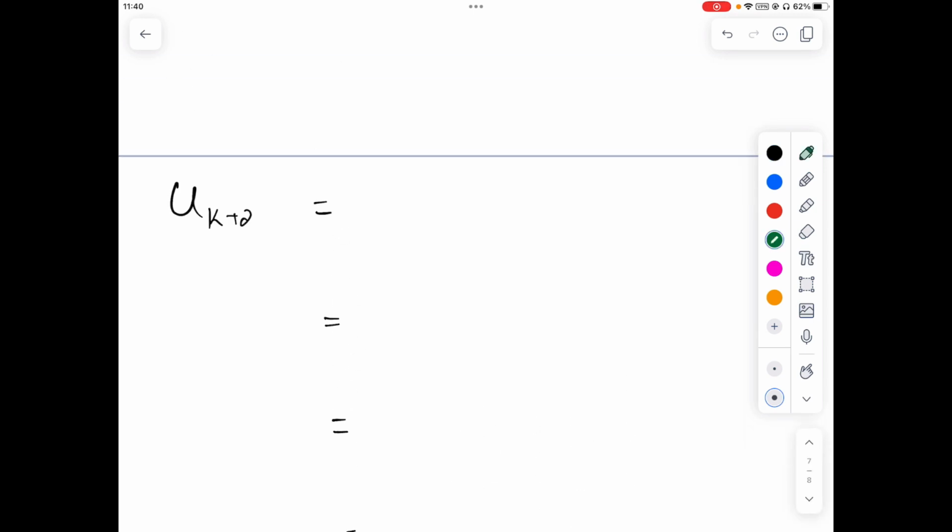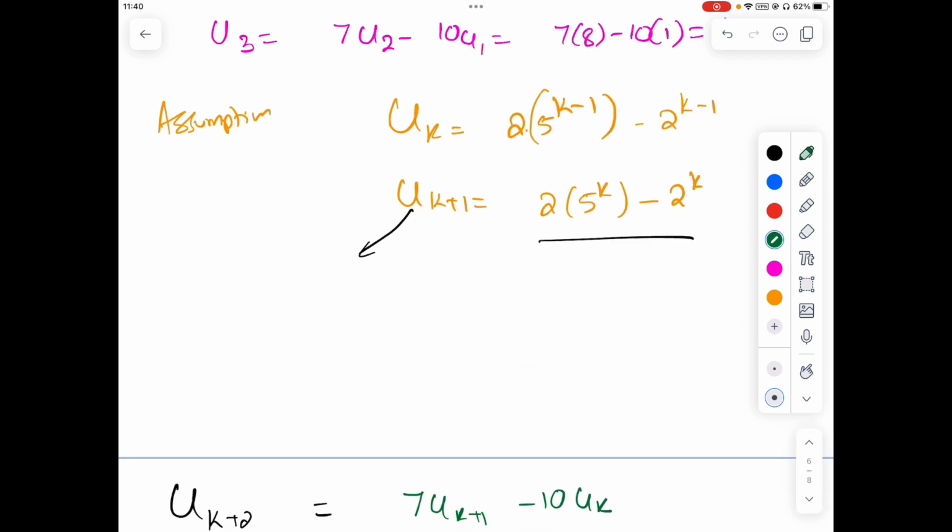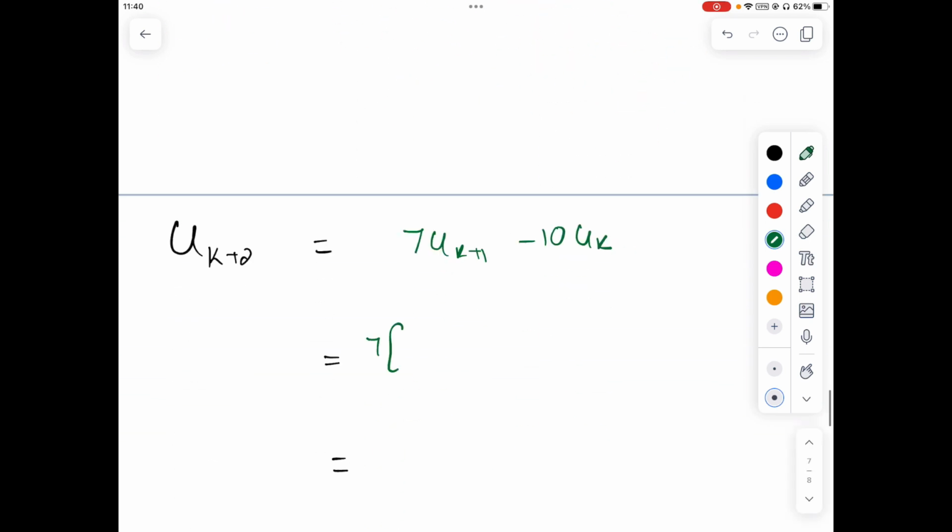Now use the recursive formula to get this one. u_{k+2} will be 7 u_{k+1} minus 10 u_k. For 7 u_{k+1}, the substitution is 2 times (5^k minus 2^k), minus 10 times u_k, whose substitution is again 2 times (5^(k minus 1) minus 2^(k minus 1)).